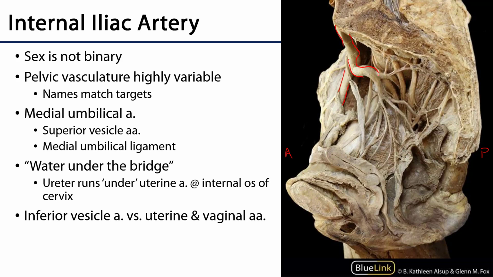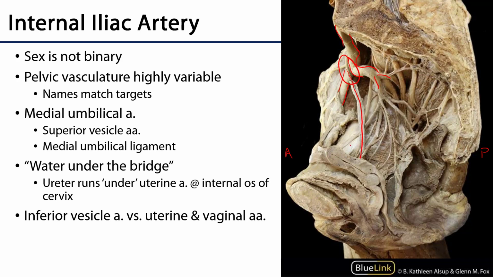And we can see that it has both posterior and anterior divisions. But most importantly, we can see the ureter crossing over from its abdominal part to its pelvic part.